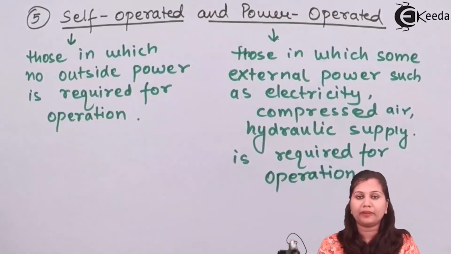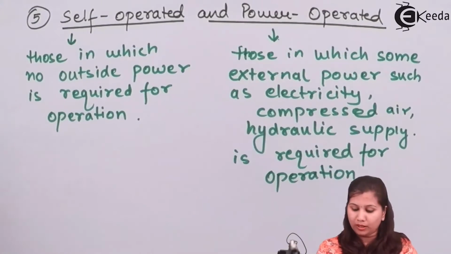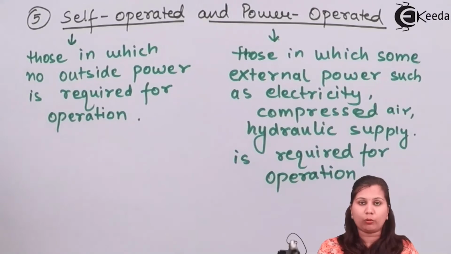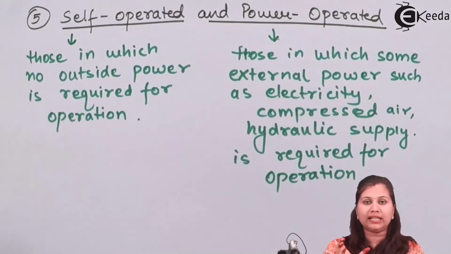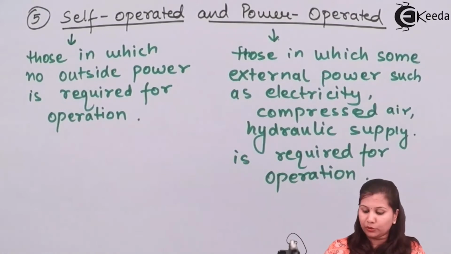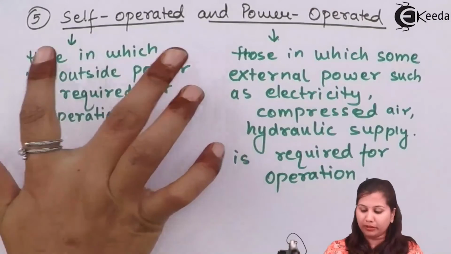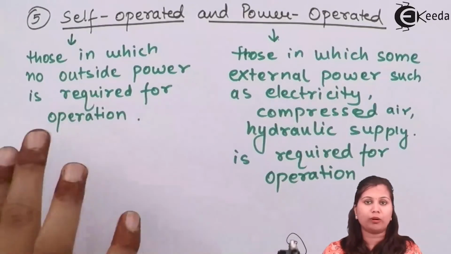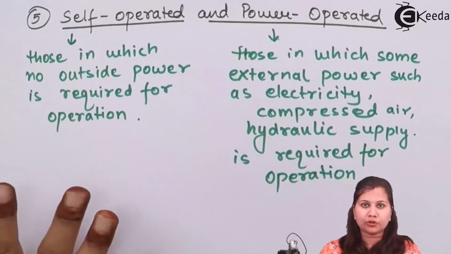In self-operated instruments, no outside power is required for the operation of the instrument. For example, the dial type indicating instrument. In these instruments, we directly connect the instrument in the circuit, and the instrument will not require any type of power. It will directly indicate the value of the measurement.